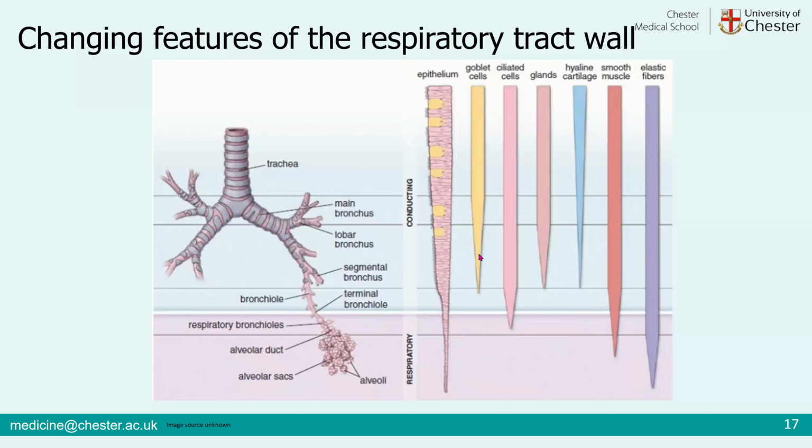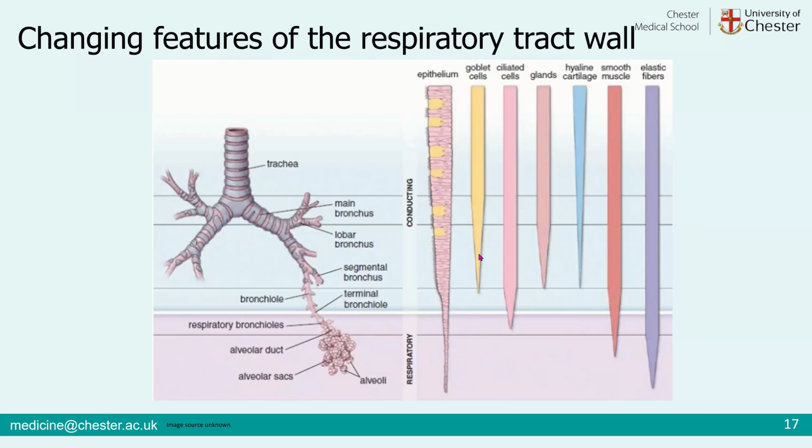But as we get to the respiratory zone, we see none of those glands anymore. We'll see cartilage. Here we can see these blue rings in certain regions, so the trachea downwards. We'll see cartilage rings, cartilage plates, but again, disappearing by the time we get down to those lower airways. We'll see smooth muscle in the wall of the trachea, the bronchi, the bronchioles.